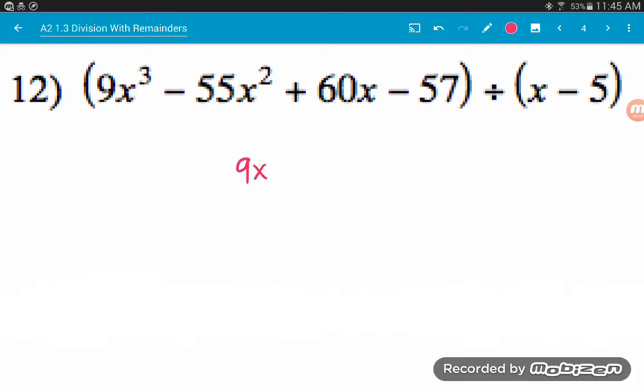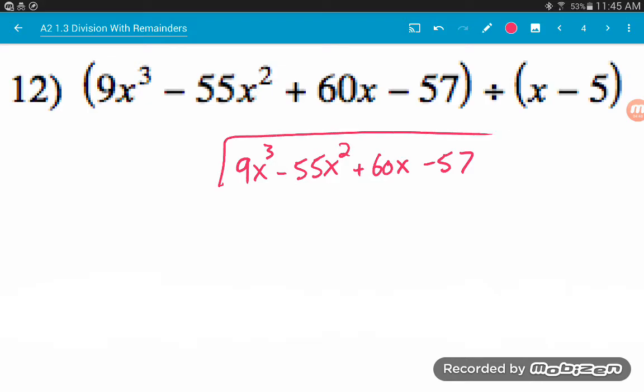Set it up. 9x cubed minus 55x squared plus 60x minus 57. This is one step longer. It's not any harder, just one step longer.